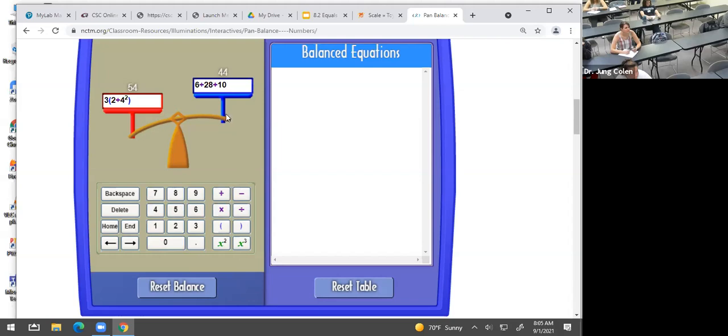It's still not equal, right? But we are getting closer, right? So what do you want to do now? What if I subtract something? Is it a good idea or not? No. Why not? You're not there yet.